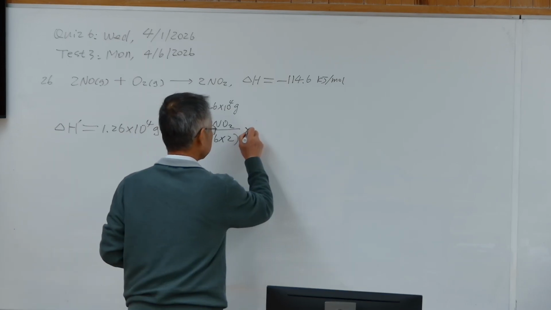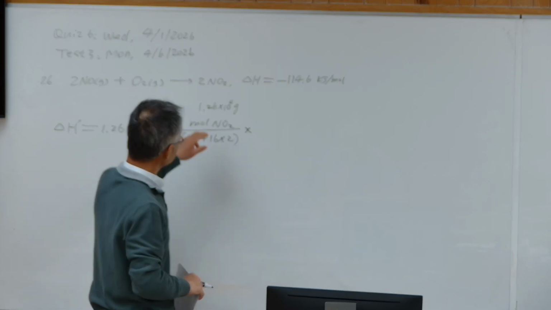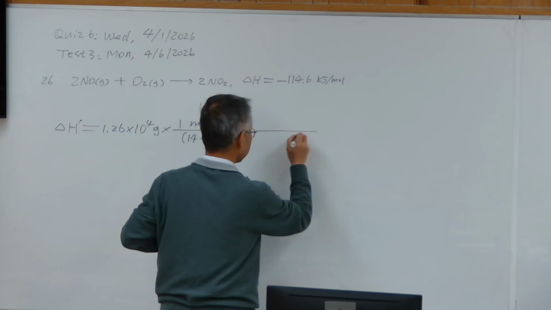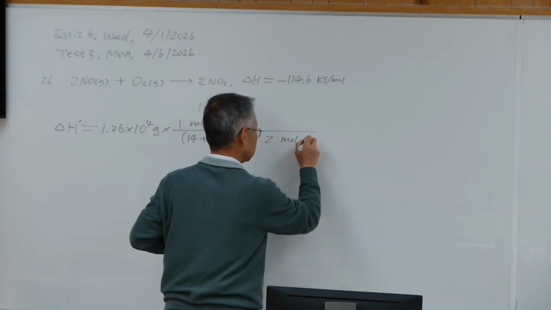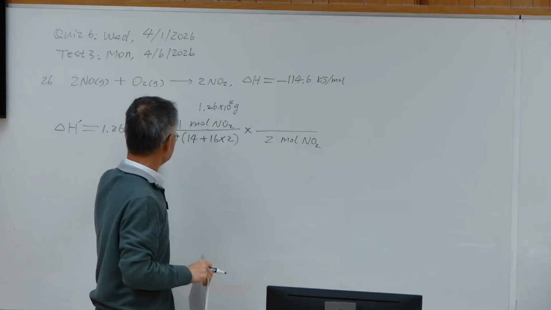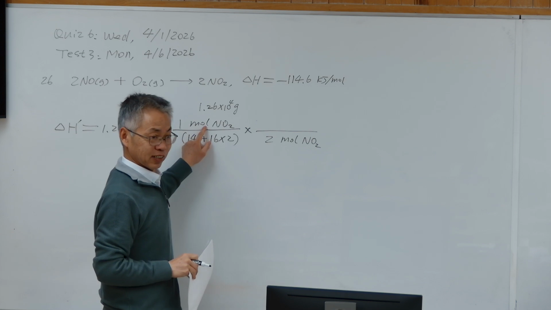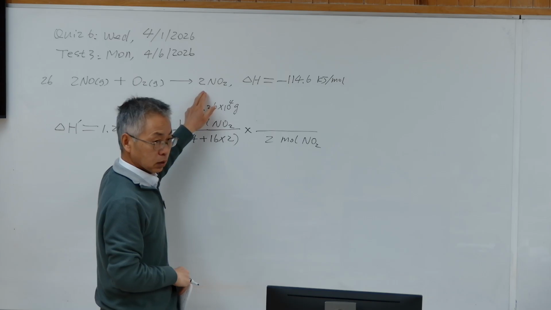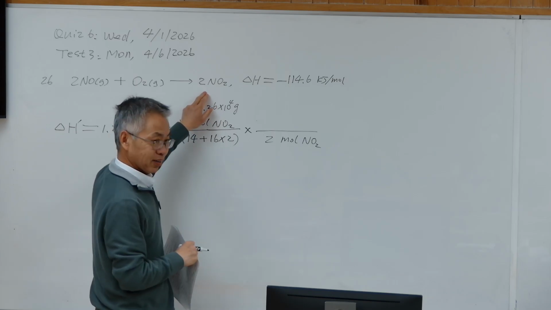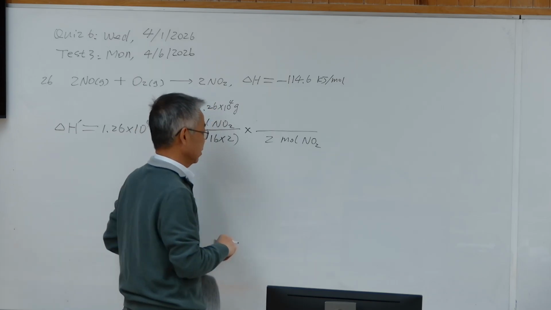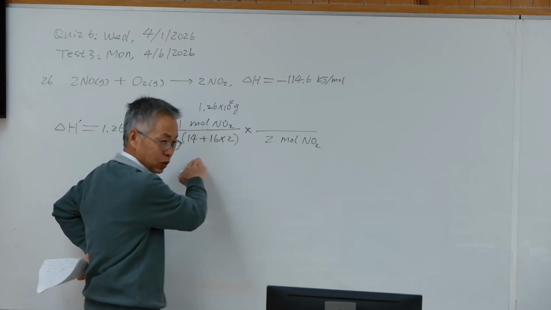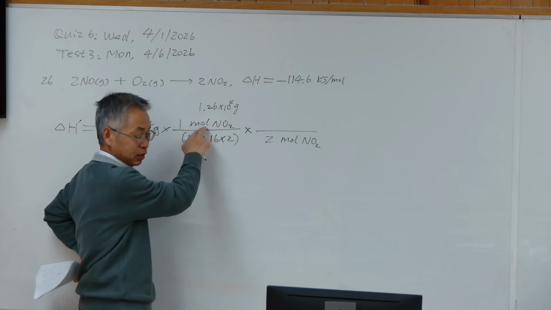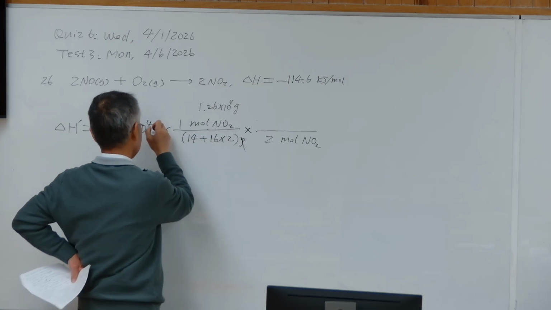Then you need to use this equation. For every 2 moles of NO2, up to here is how many moles of NO2? One mole would go on top, so 1 mole divided by 2 moles. Mass divided by molar mass becomes moles, so the mass is canceled and moles are left over.